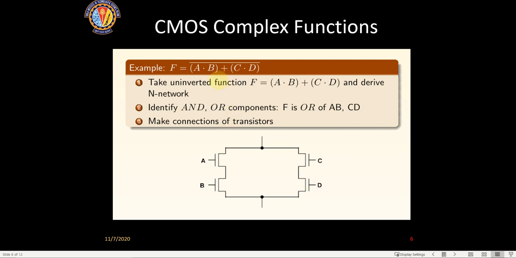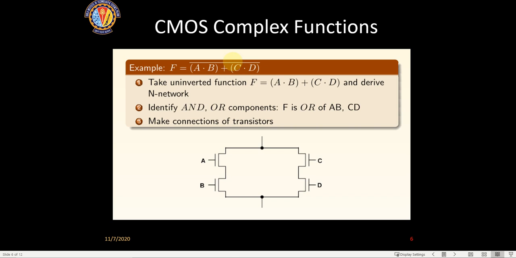Now suppose I have to implement a function f bar is equal to a dot b plus c dot d. The first thing we need to do, if we have to implement in CMOS, is take the invert of that function. So it is a dash b plus c dash d.